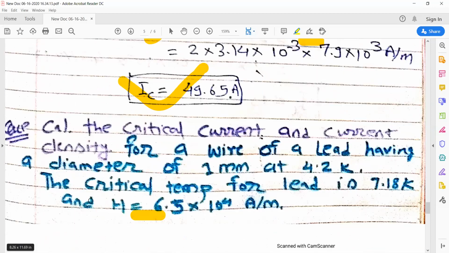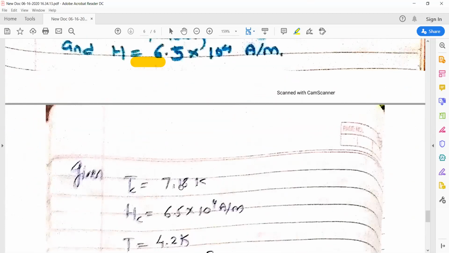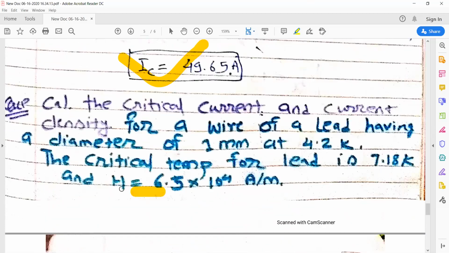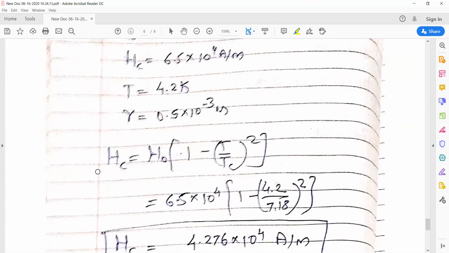The critical temperature is also given, 7.18, and accordingly the given HC. This is the H0 here, so we can put this value here.